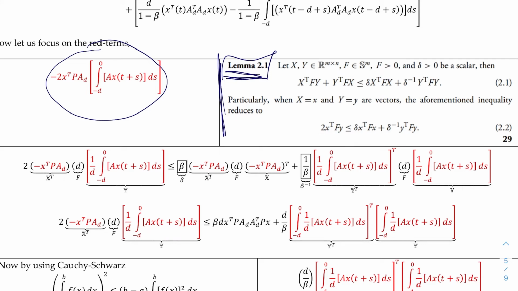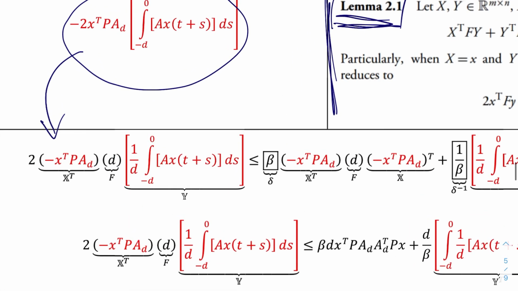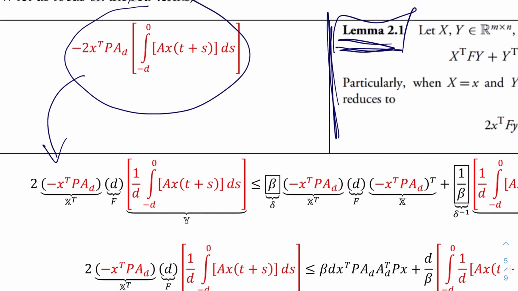And we need to determine what term corresponds to x, f, and also y. Here we just wrote that expression such that we have x transpose f and y, and since they cancel each other out, right?